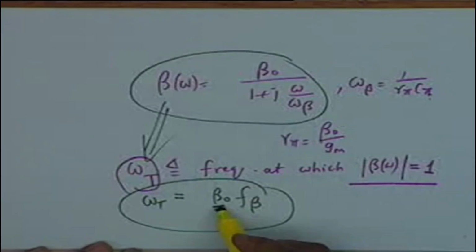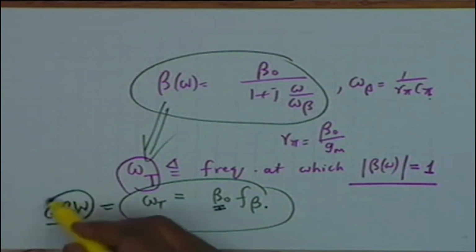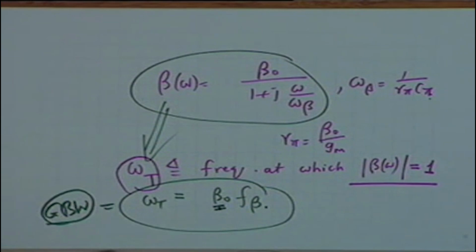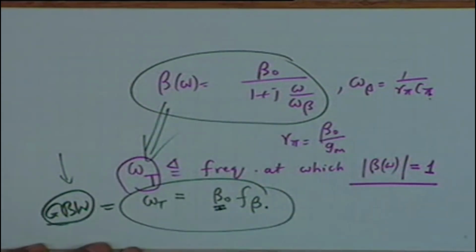Bandwidth, that is the band of frequencies within which the transistor beta remains within 70.7% of its mid-band value. And therefore, this is a product of gain and bandwidth. Another name for omega t is GBW, gain bandwidth product. The Americans are very fond of many terms for the same quantity.